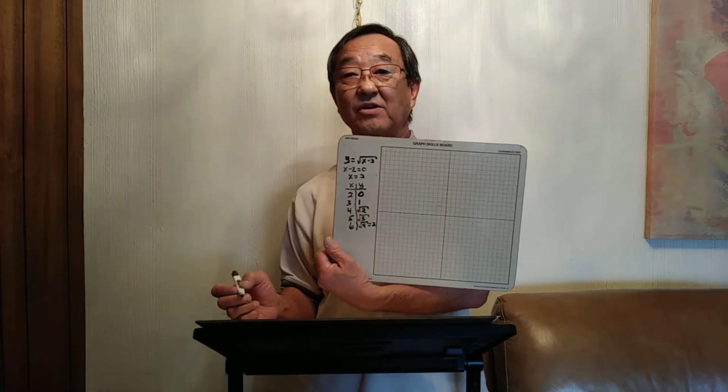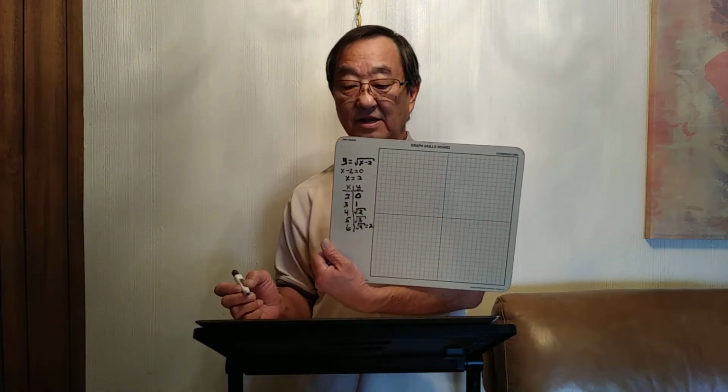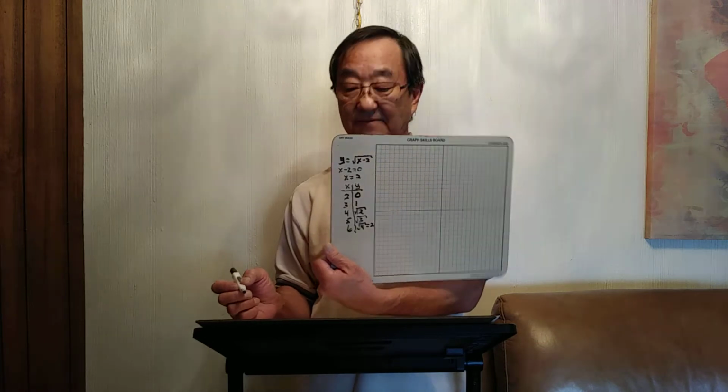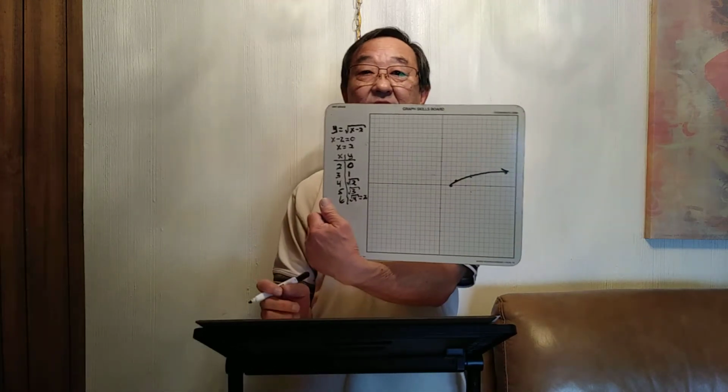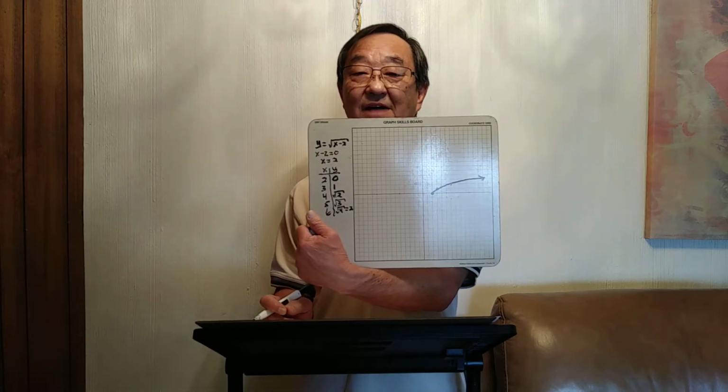Now you have your y values and your points you can graph. Just using a couple points, now your graph looks like that.